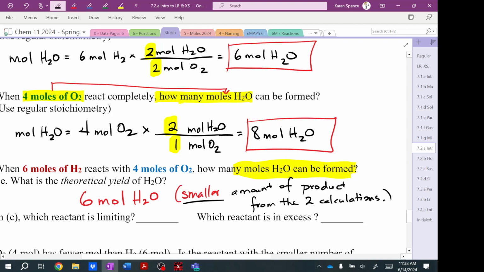Which reactant is limiting? Tell your partner, which reactant is the limiting reactant?